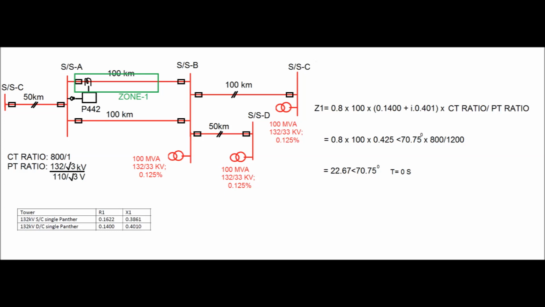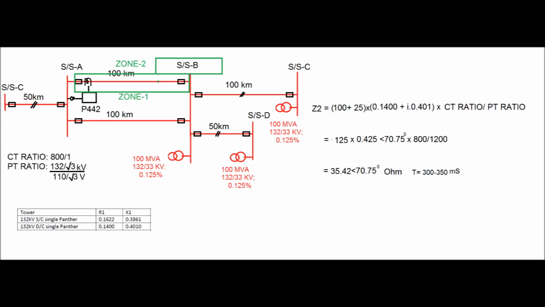By simplifying this equation, we will get the value of zone 1 equal to 22.67 ohm, and time setting should be set as 0 seconds. That is, zone 1 tripping is instantaneous. Any fault sensed by the relay in zone 1 will send a trip signal instantaneously.